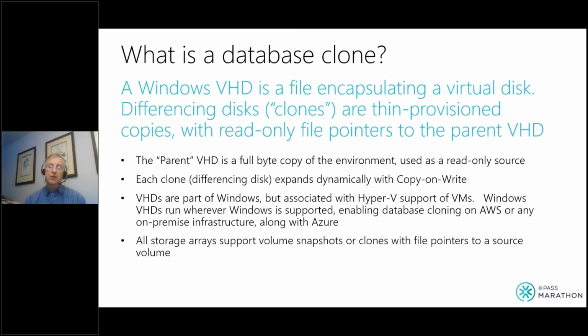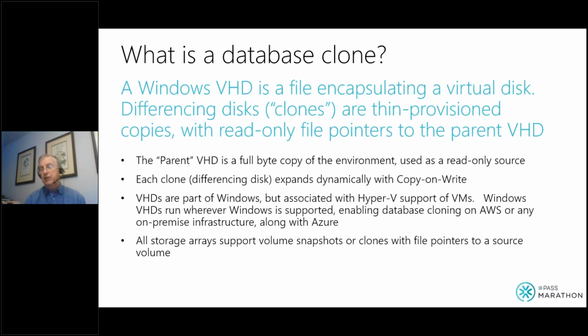As we discuss Windows-based database cloning, we'll always be talking about two different types of VHDs. There's a parent VHD, and that is the database image in the discussion of a Docker image. That parent VHD is a full byte copy of the data environment. As I said earlier, it could be one database or up to 50 or more databases.